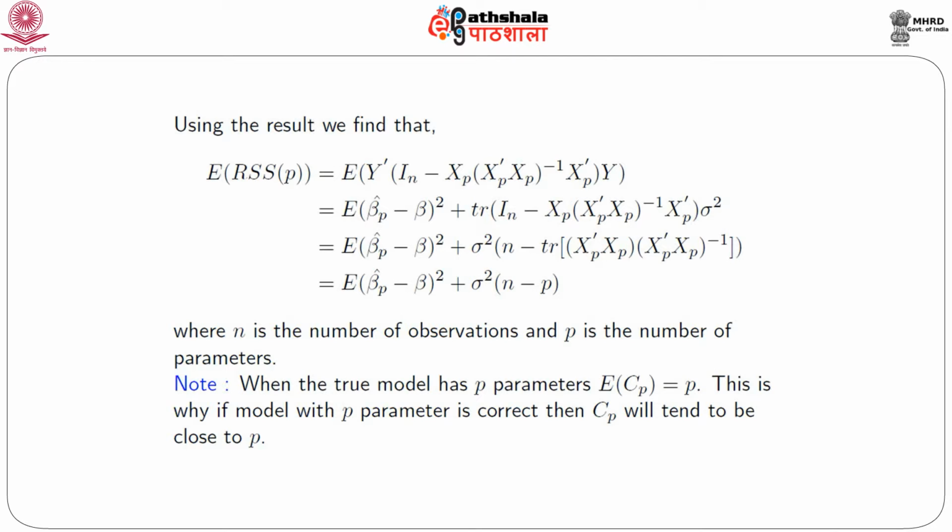One such criteria is the AIC. In general, the AIC of a model is given by the mathematical expression AIC equals negative 2 times log likelihood plus 2p, where p is the number of parameters in the model.